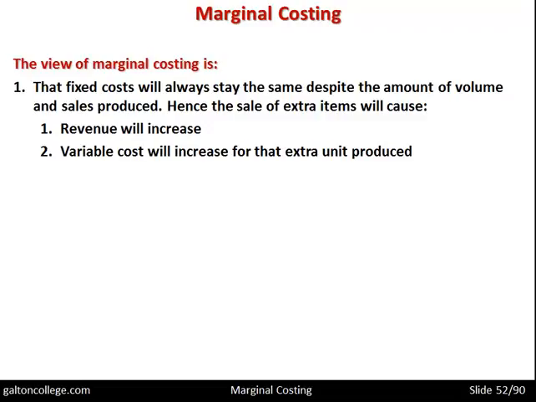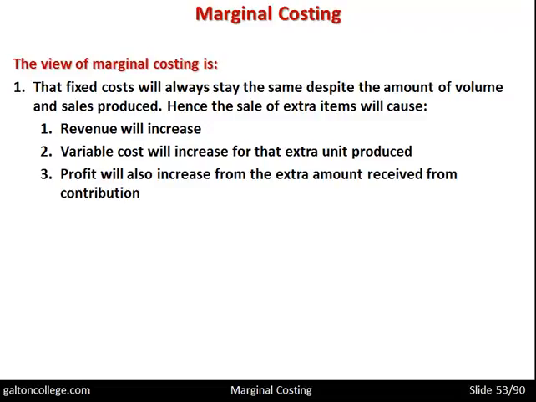And the item sold, remember, will cover the variable cost, the marginal costs, plus the markup, which is a management decision later. Once they know what the marginal costs are, they will add a markup, and that markup will start to bring in extra revenue. That's where the revenue will increase.